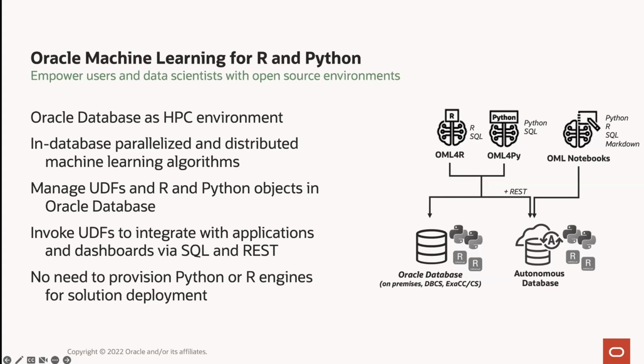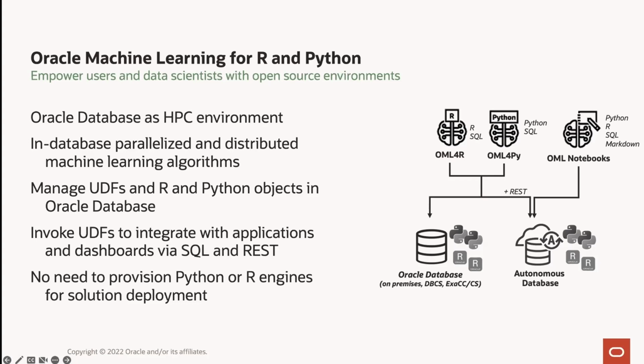So with Oracle Machine Learning, the Oracle database works as the high-performance compute environment to support invoking functions from the R, Python, and SQL interfaces. Oracle Machine Learning supports parallelized and distributed processing of machine learning algorithms and can leverage components such as the datastore or the script repository to save user-defined functions, as well as native R or Python objects, proxy objects, and machine learning models in the database.